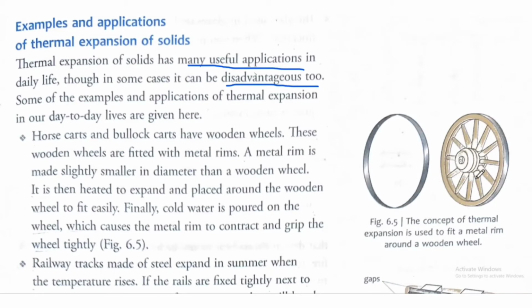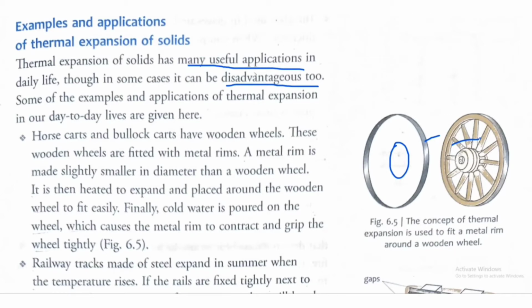So to fit the wooden wheel inside the metal rim, first of all, the metal rim is heated for some time. And on being heated, the metal rim expands in size. Then easily the wooden wheel can be fitted inside the metal rim. And after that, cold water is poured on the metal rim. And the metal rim cools down and comes back to its normal size and grips the wooden wheel tightly.